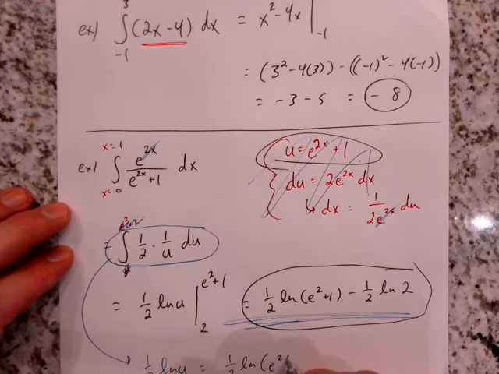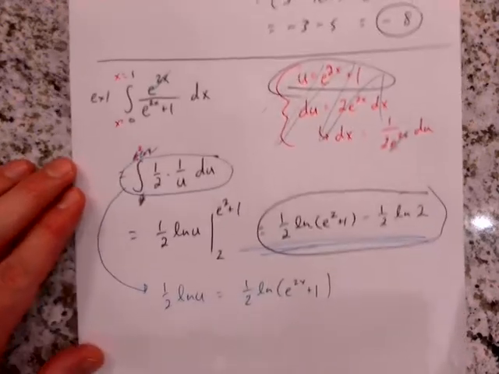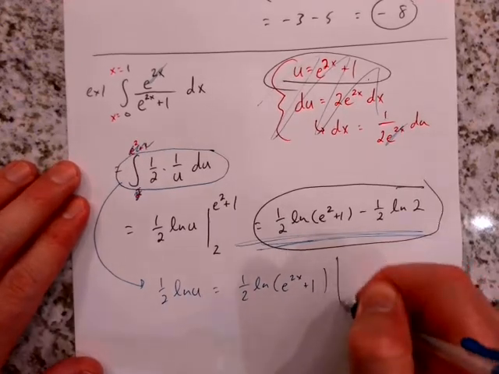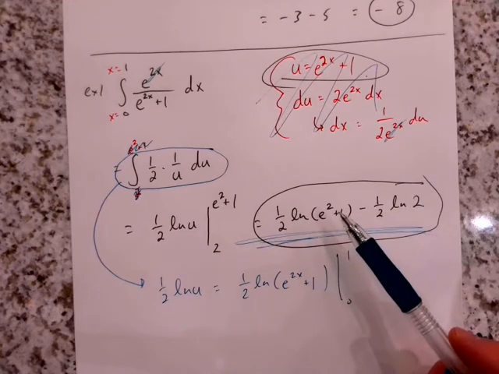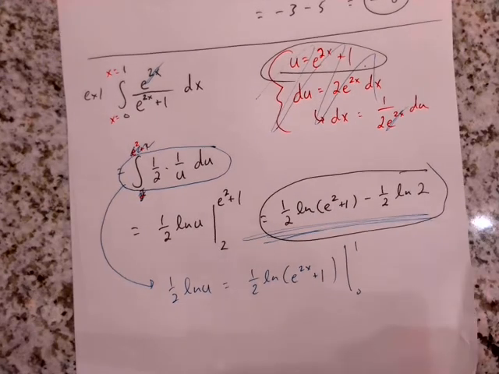And then you plug back in the x expression for u, and then you use the original bounds. It gives the exact same answer. It's just two different paths, and sometimes the first way is easier, sometimes the second way is easier, so it's all fine. But again, I usually change my bounds, but not always. Not always.